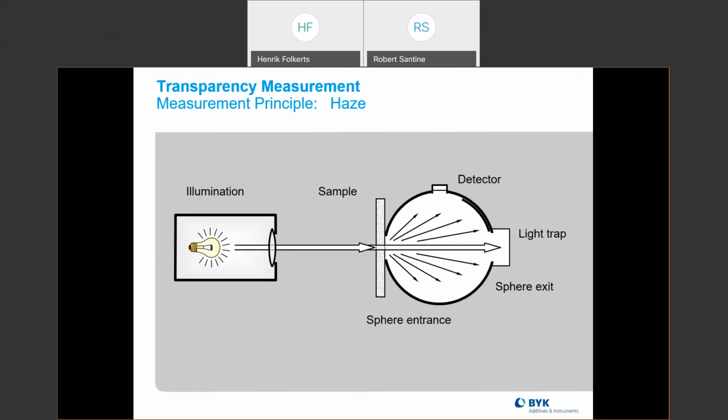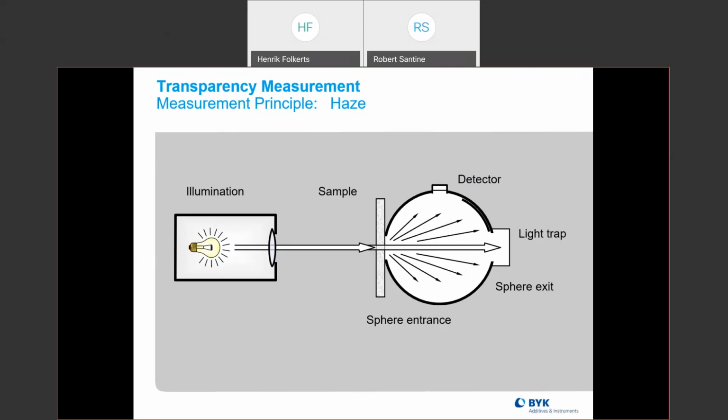Now for haze, what we want to do is isolate the diffuse transmittance. This is light that's passing through the material, but is being diffused towards wide angles, as opposed to passing straight through. So when measuring the diffuse transmittance as opposed to the total transmittance, a light trap is opened up that just swallows up that directly transmitted light, the light that passes straight through, and removes that from the calculation.